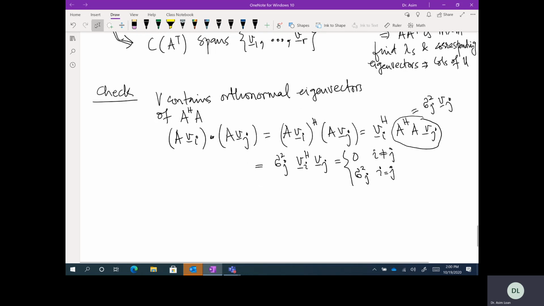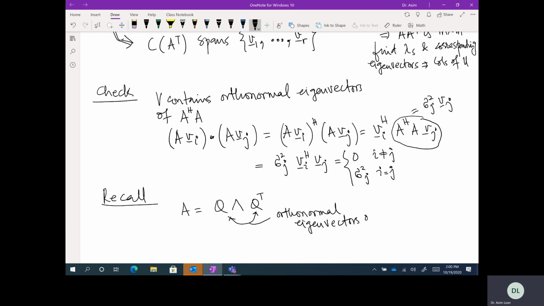Before we go on, recall when we wrote A equals Q lambda Q transpose, where Q's are orthonormal eigenvectors of A in chapter 5.